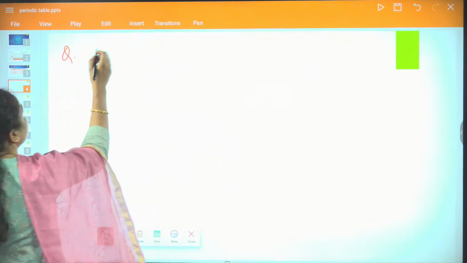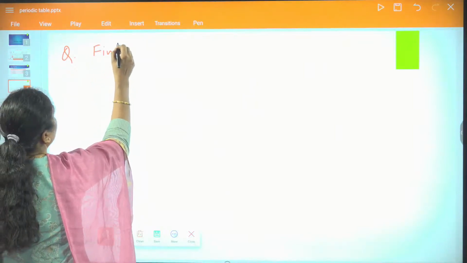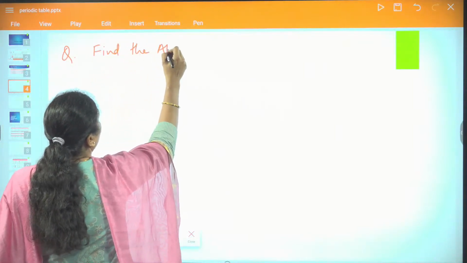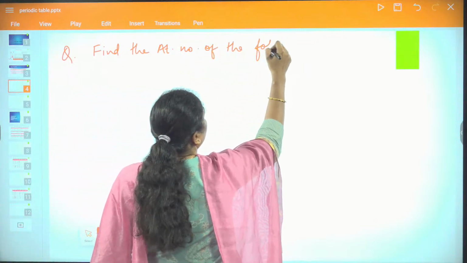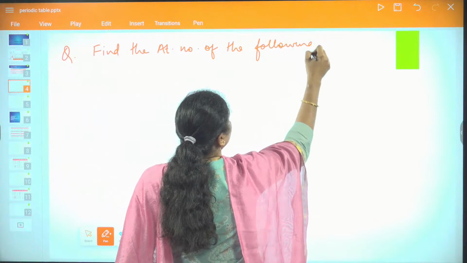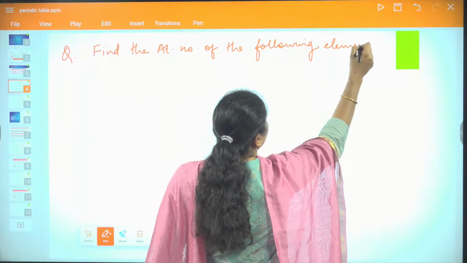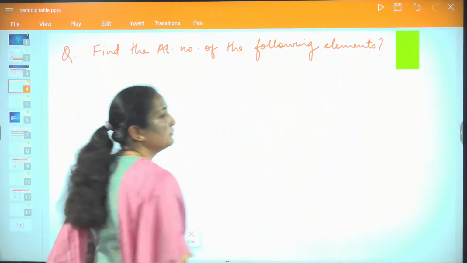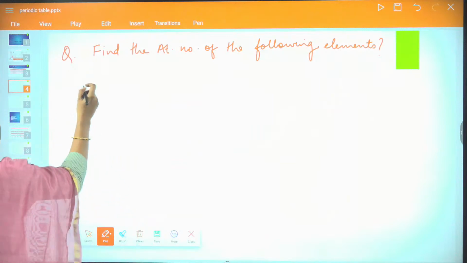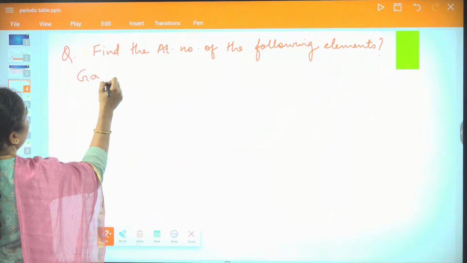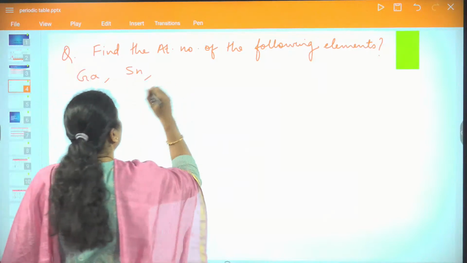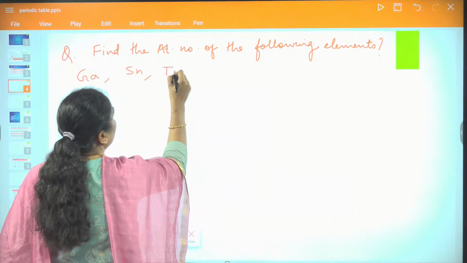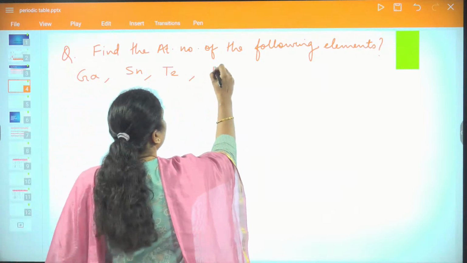Question says, find the atomic number of the following elements, right? In that, let us say I am having gallium, I am having Sn, then let us say I am having tellurium, and I am having bromine.